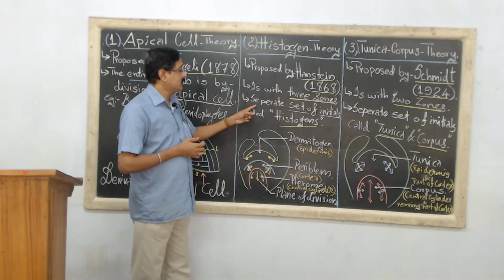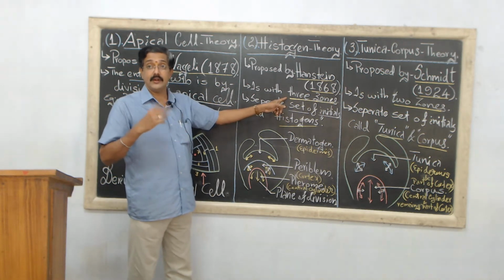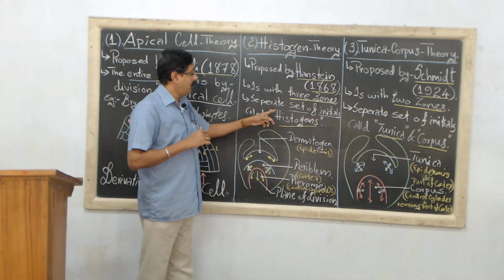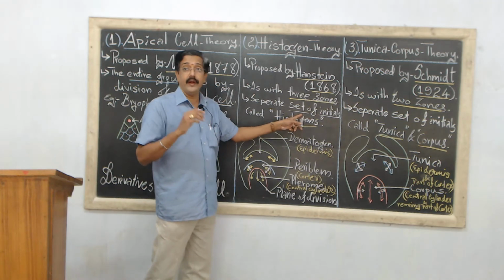He proposed that there are only three zones, not seven, each with a separate set of initials.